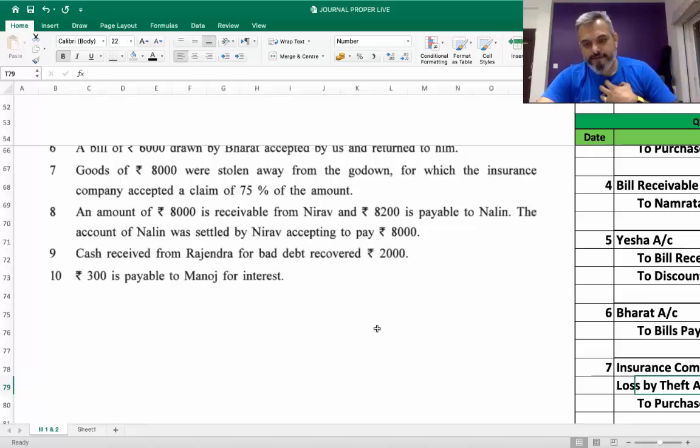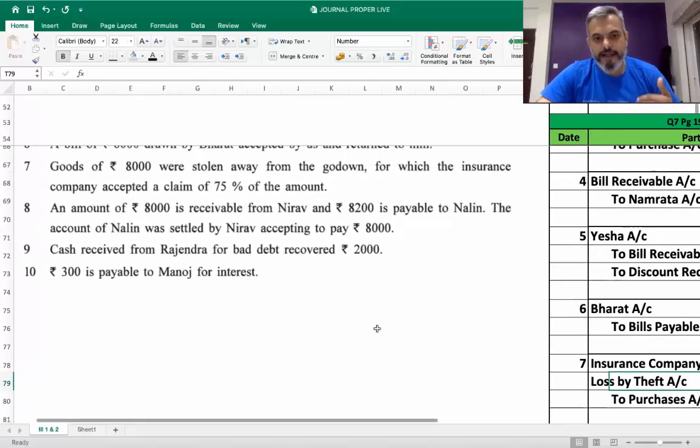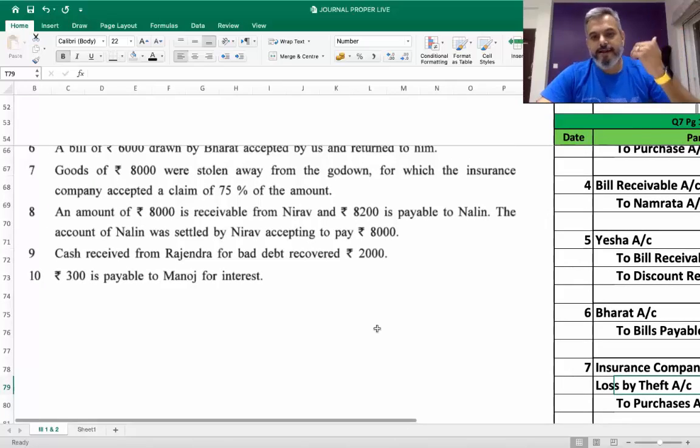So for us, cash is not coming in our hand. We have to pass a book entry. So it was receivable from Nirav, to whom did we have to pay it? Nalin. How much did we have to pay Nalin?